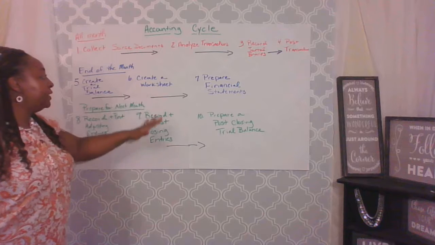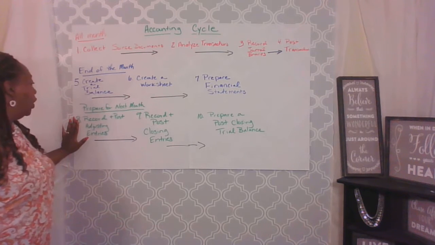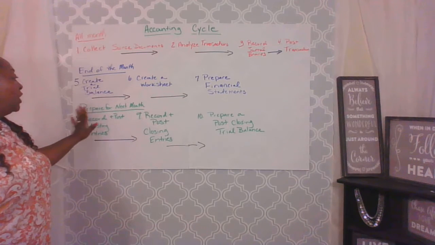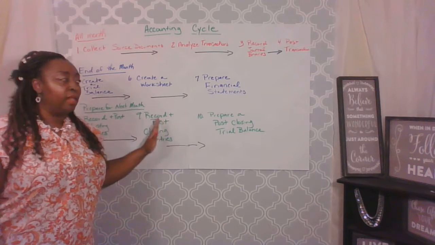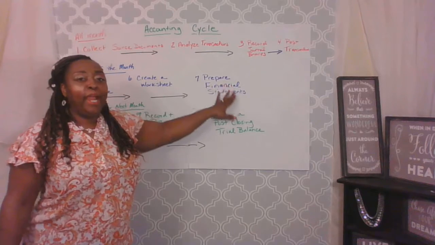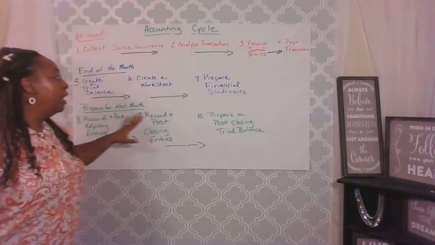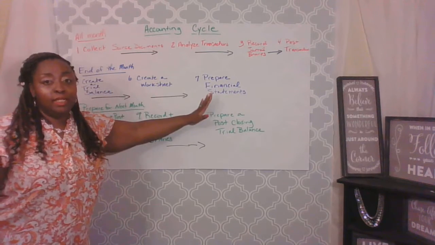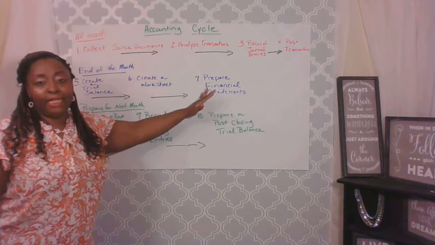And then once that's done, we go over to 8, 9, and 10, which I call preparing for next month. Because once we've created the worksheet and we prepare the financial statements, that part is done. People are looking at those reports and making decisions.